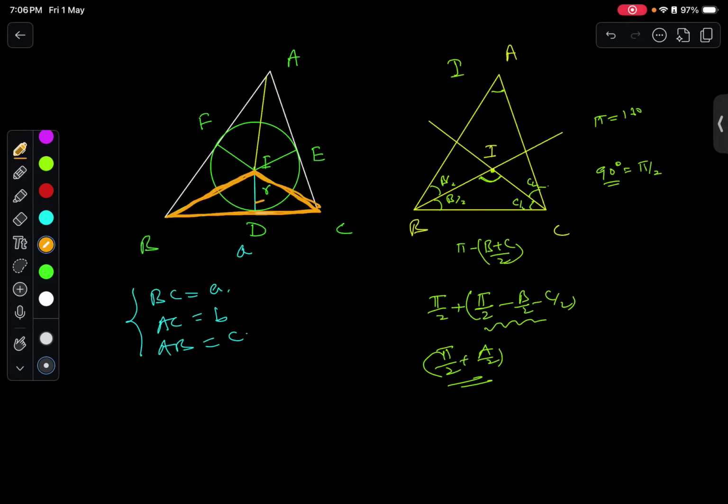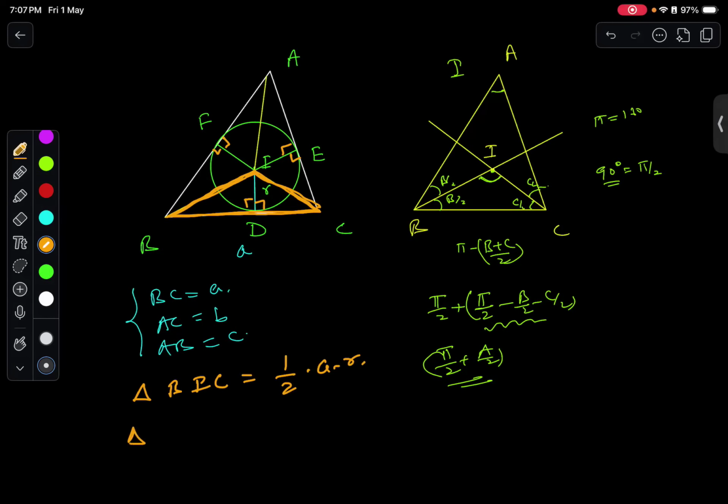The area of this triangle: because this is 90 degree, since the line is a tangent and this is the radius, from the center we drop the perpendicular to all the sides. So the area of triangle BIC is half into a into r.